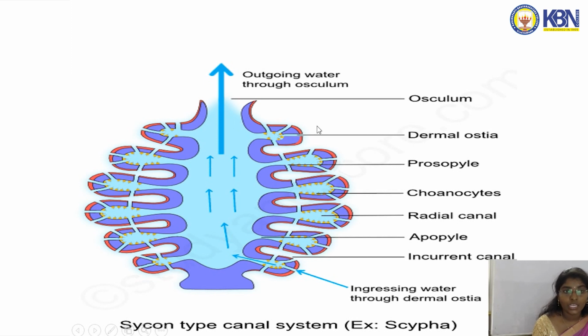The same process: water comes through the dermal ostia, enters the choanocyte chambers, and through the apopyle, the area present between the incurrent canal and excurrent canal. Water enters through the apopyle into the spongocoel and exits through the osculum. An example is Sycon.